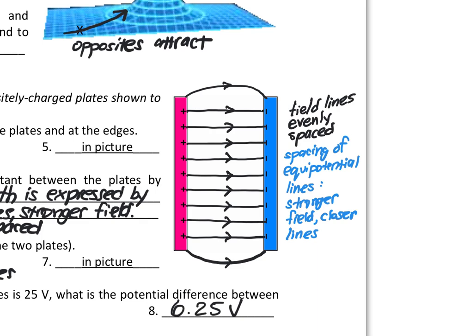The stronger the electric field is, the greater the line density, so the closer together the field lines are. Same is true of the equipotential lines. The stronger the field, the closer the lines are together. So if the field is uniform, if it's pretty much constant, then the spacing of the equipotential lines should also be pretty much constant. It did ask for 3 lines, so I'm going to draw a center line.